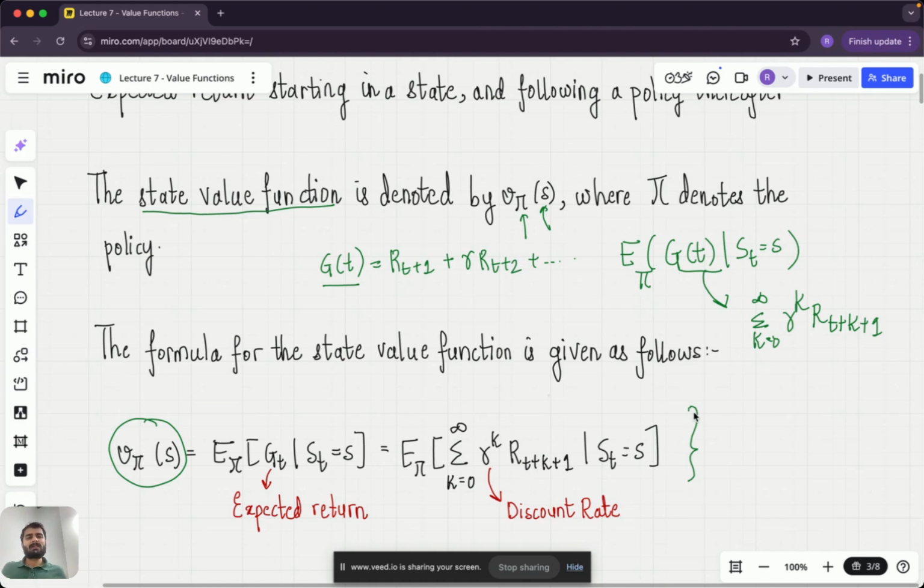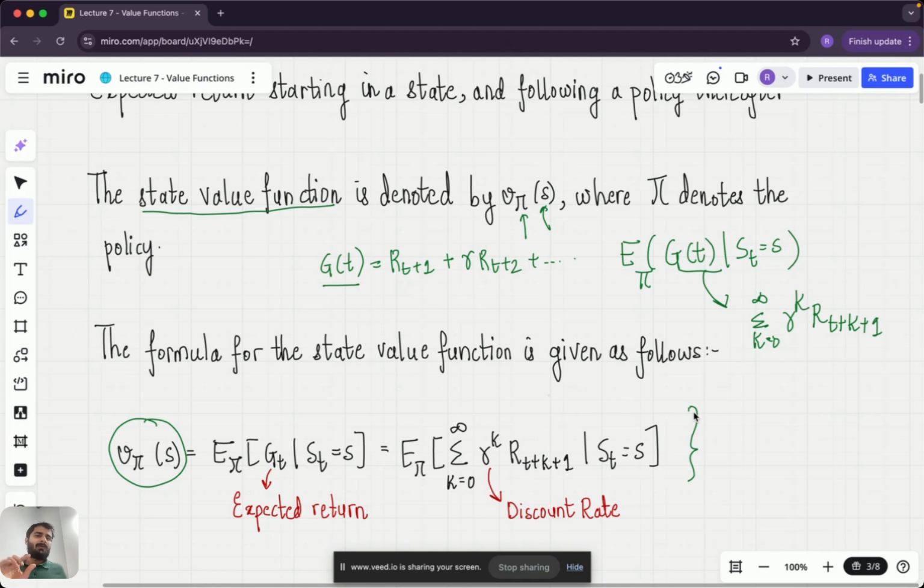Essentially, what we are doing is that we are seeing that if an agent is in one state s, then what are the possible future rewards that it will get in the future, and then we say that okay, if you sum up all these rewards, what is the expected value of the entire sum of the rewards.